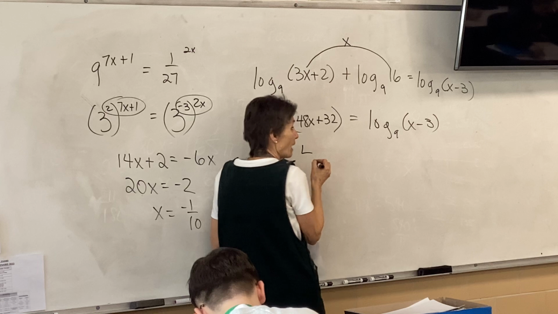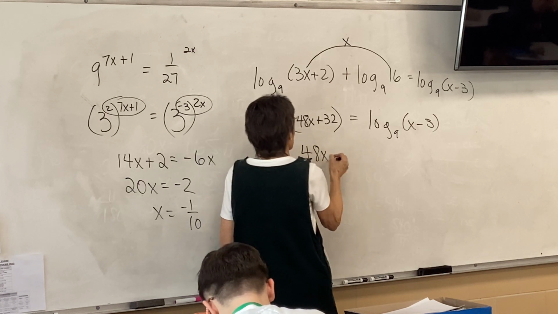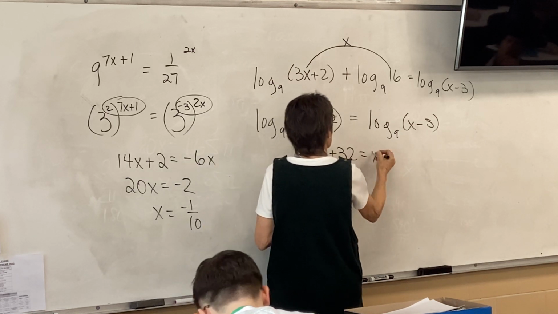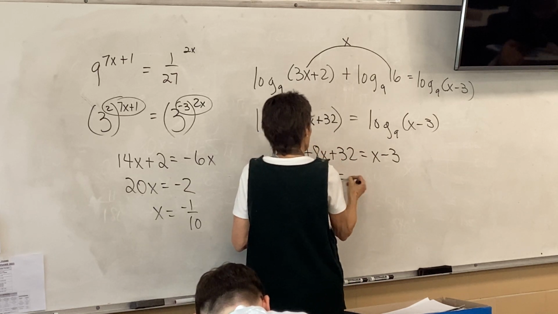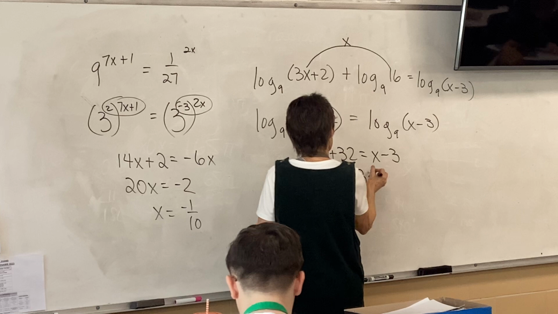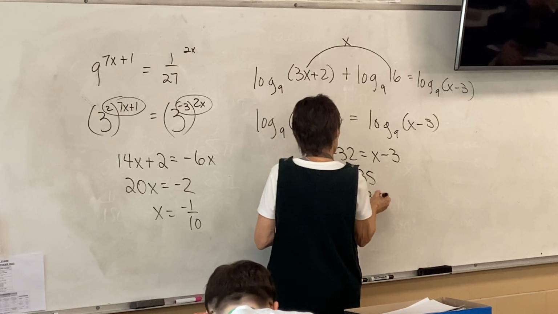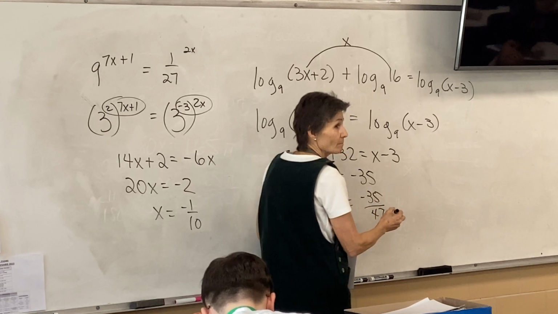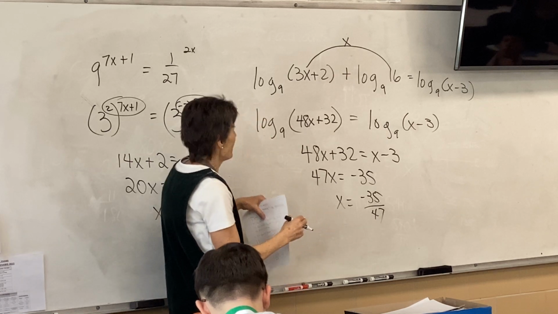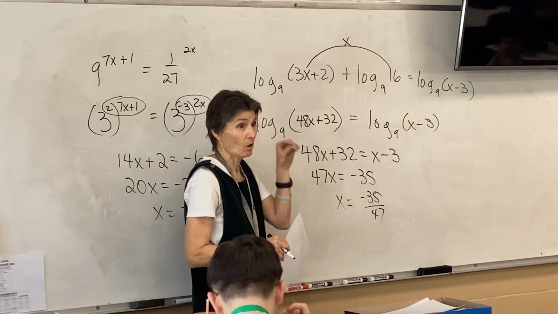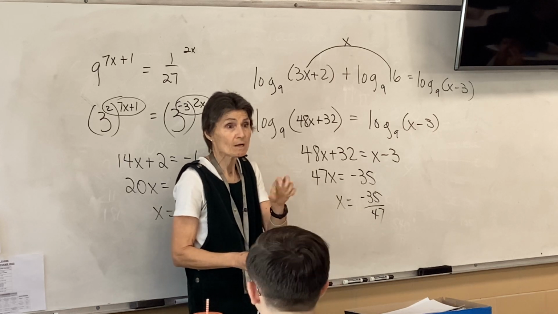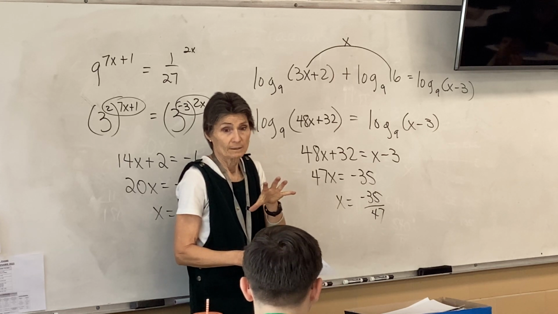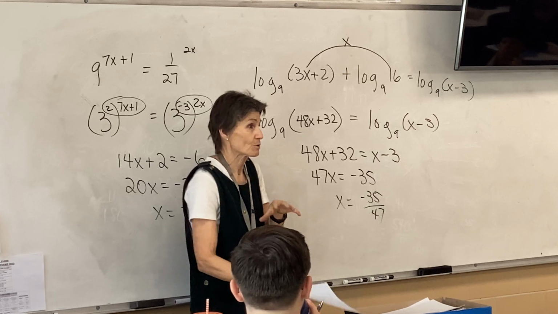And then I can set them equal to each other. So 47x equals negative 35. I got negative 35/47. And then, because this is a logarithm problem, I always have to be on the alert for domain issues, right?